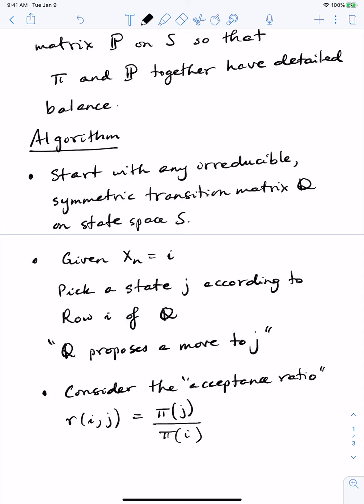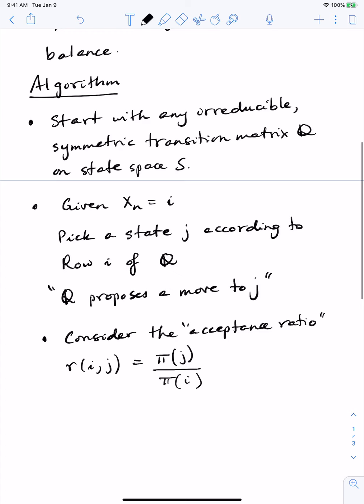So this odds ratio we can compute because this is just the one score divided by the other score. The normalizing constant is the same for both cases, so it cancels out. This is the ratio of the two scores. So what shall we compare this ratio to? We'll compare it to 1.